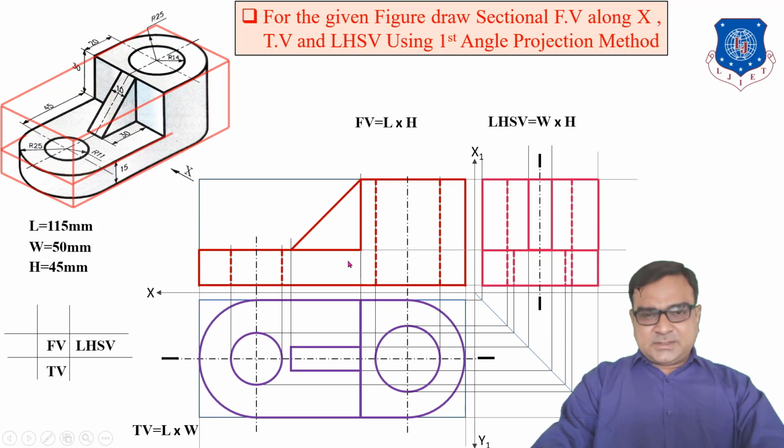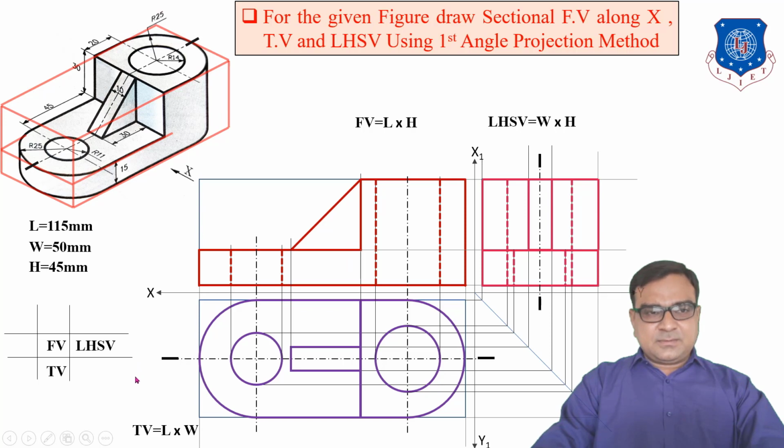So for this sectional front view, we have to use this cutting plane, and the cutting plane is shown in the top view as AA, and the cutting plane for the left hand side view is also AA.